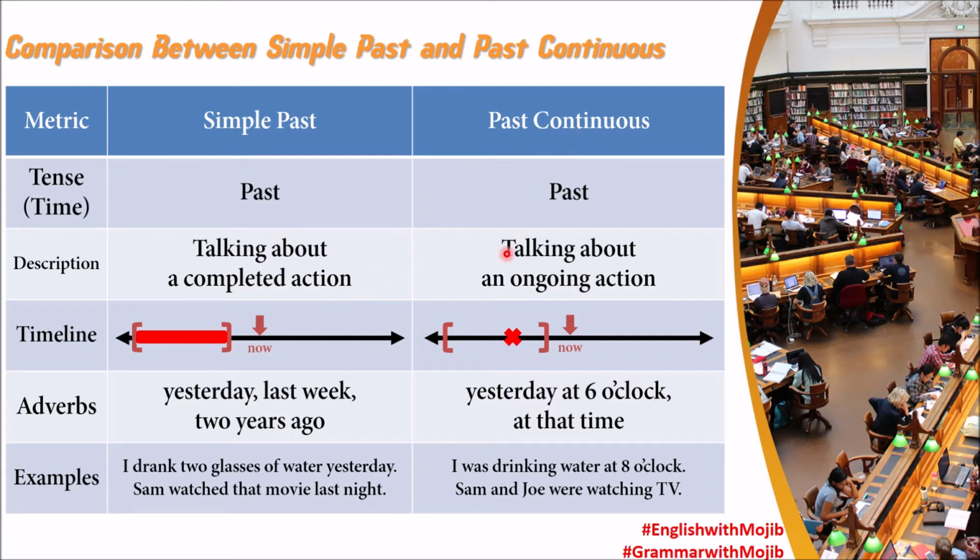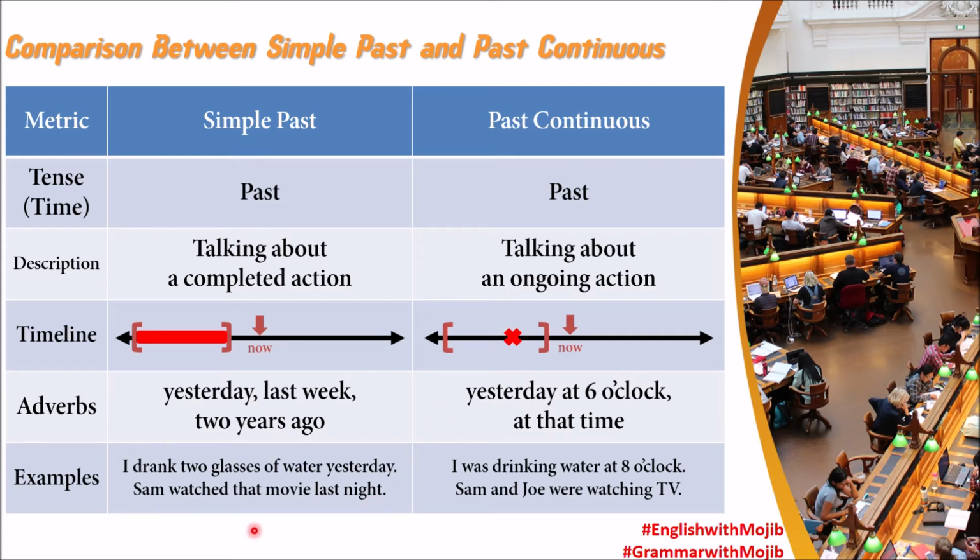Past continuous talks about an ongoing action. Timeline: simple past, a completed action in the past. Past continuous, the action was ongoing at the moment we are talking about. Adverbs: yesterday, last week, 2 years ago. Likewise, the adverbs of past continuous can be yesterday at 6 o'clock or at that time.